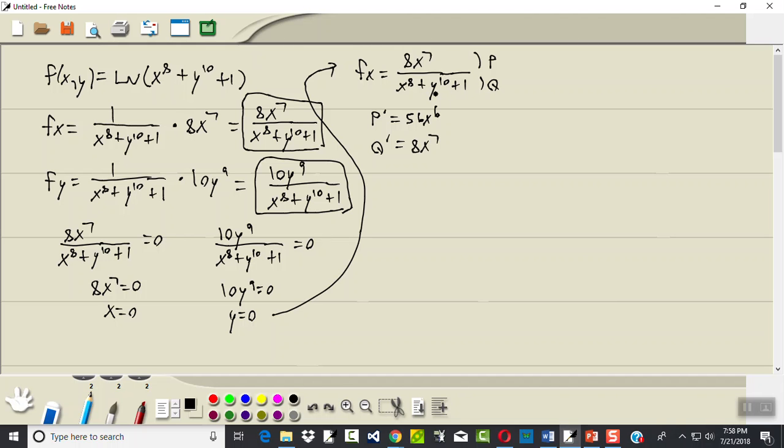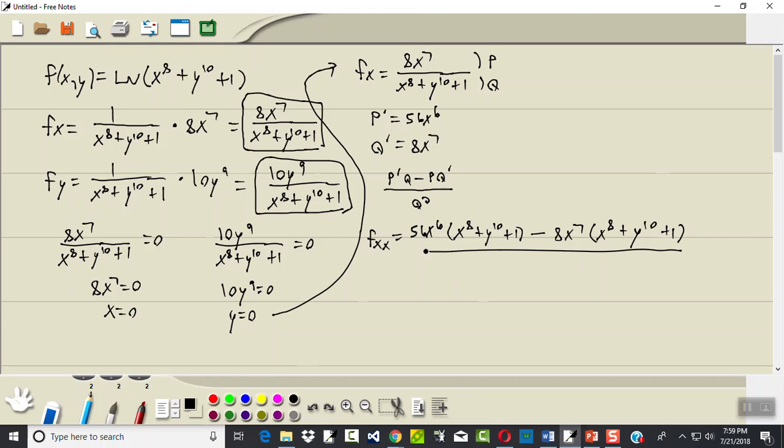And this drops away because the y is a constant. So we got p prime q minus p q prime over q squared. So the partial of fx with respect to x, fxx, is p prime, which is 56x to the 6th, times q, which is x to the 8th plus y to the 10th plus 1, minus p, which is 8x to the 7th, times q prime.